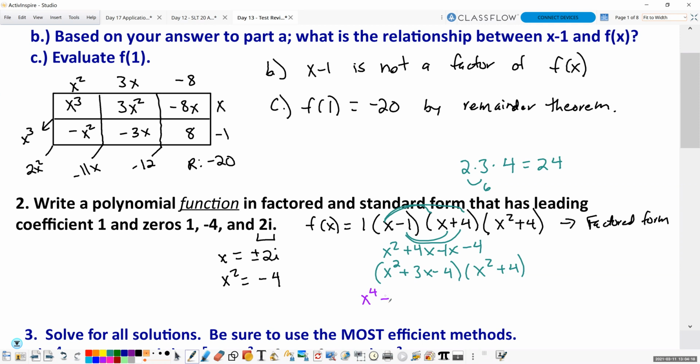So I get x to the 4th plus 3x cubed minus 4x squared. Then I'm going to distribute the 4, and I get 4x squared plus 12x minus 16. These terms cancel, and my standard form will be x to the 4th plus 3x cubed plus 12x minus 16. Oh, that's ugly.